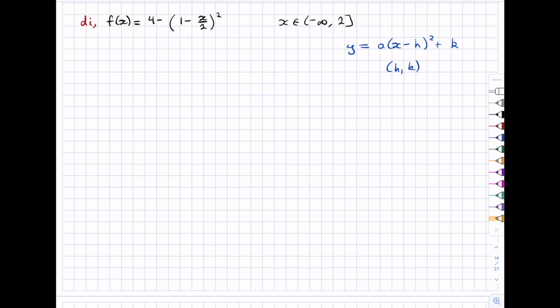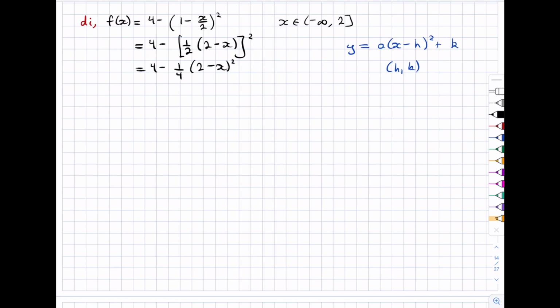The only thing that I can see that's different is that I need to have a single x inside of this bracket, but here I've got an x divided by 2, so I'm going to factor out a half out of the brackets. Okay, so factoring out a half, I would get 1/2 into (2 minus x), and then all of that would be squared, and so that means I have 1/4 outside of (2 minus x) all squared.